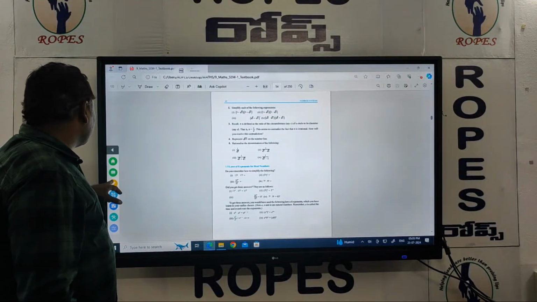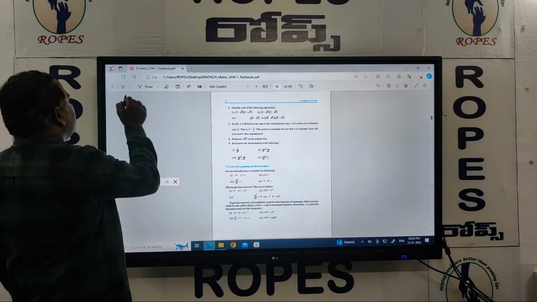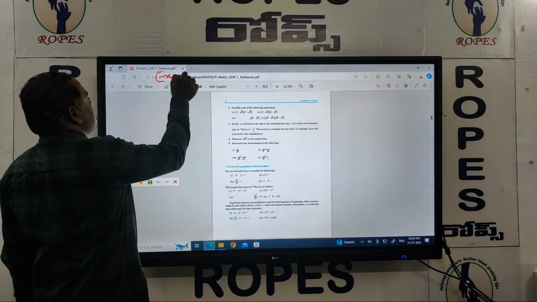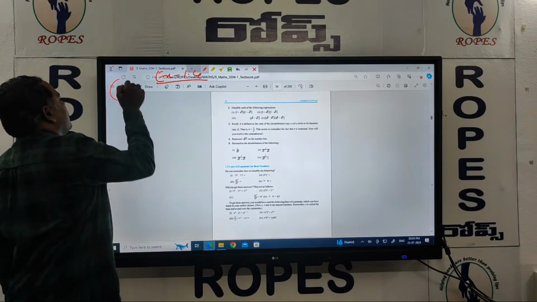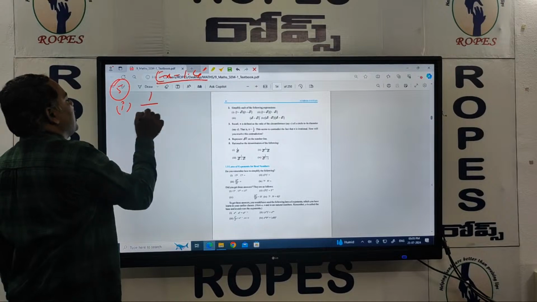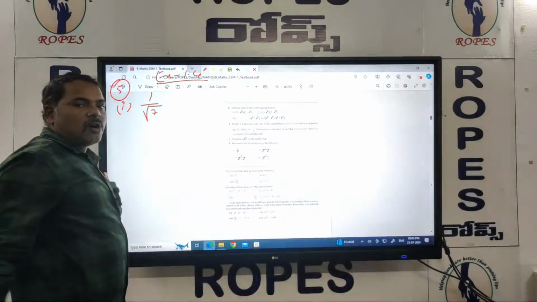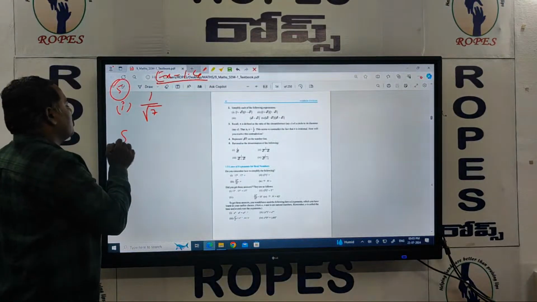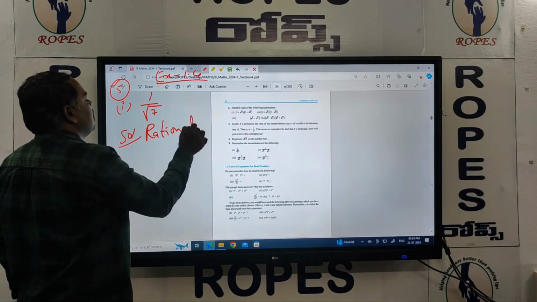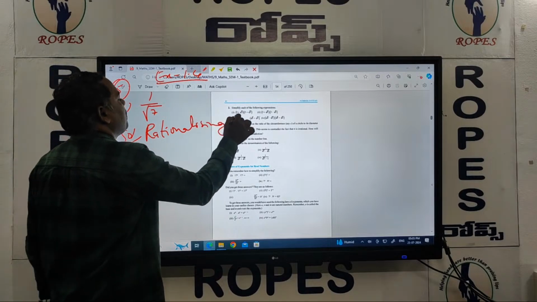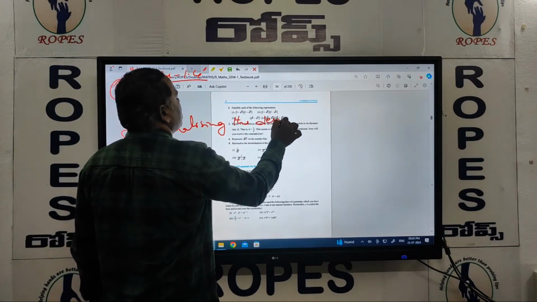In exercise 1.4, question number 5, the first one is 1 by root 7. How to rationalize this, we'll see now. First we should write: rationalizing the denominator.